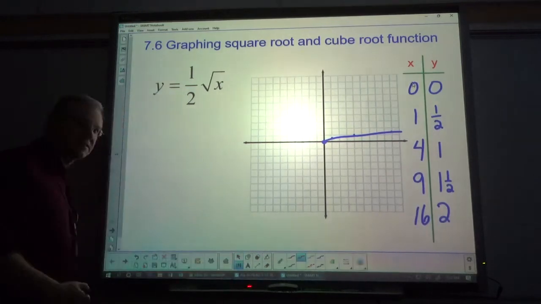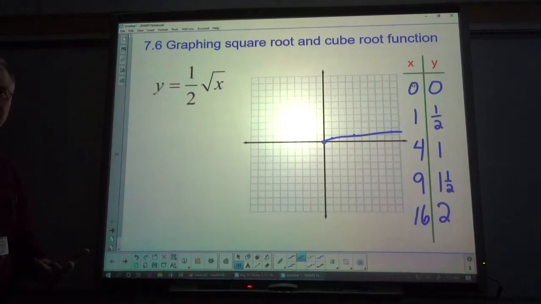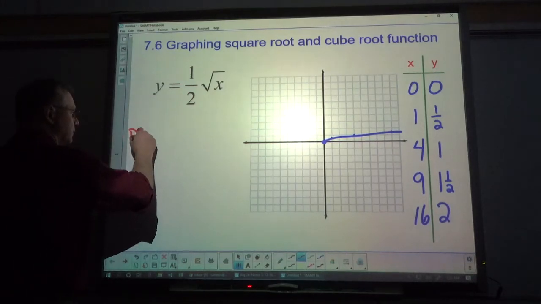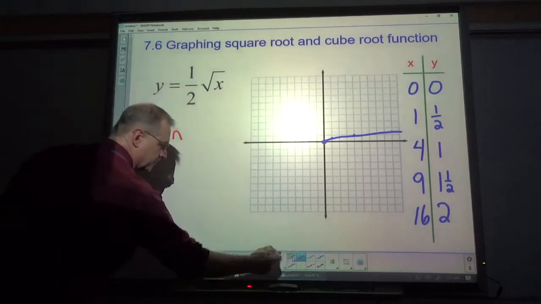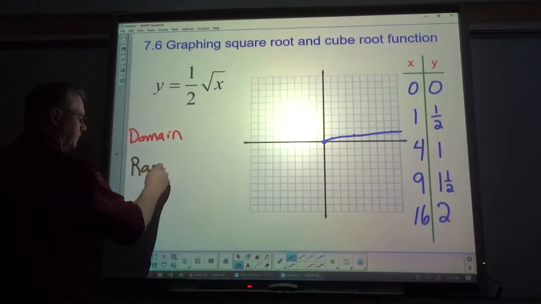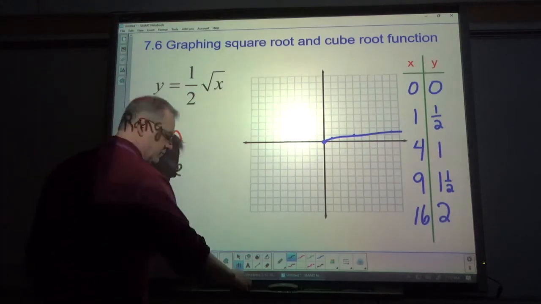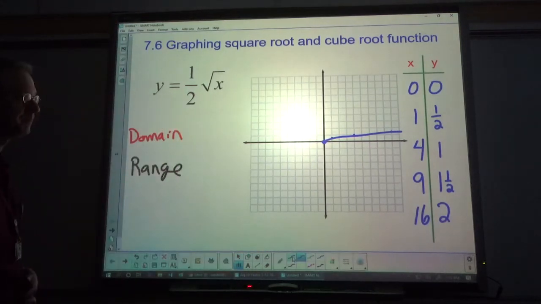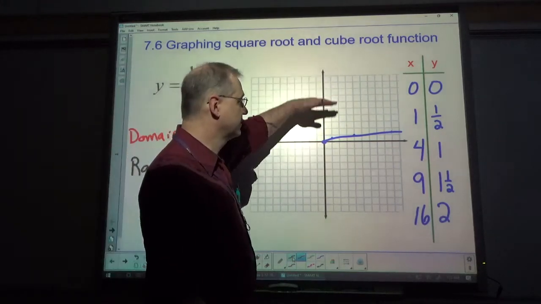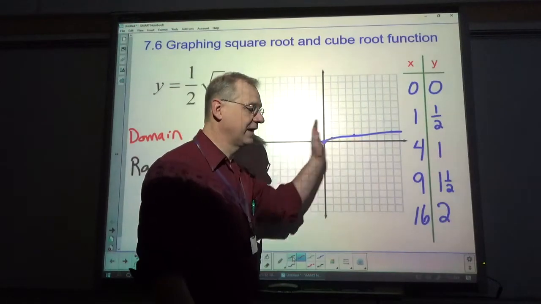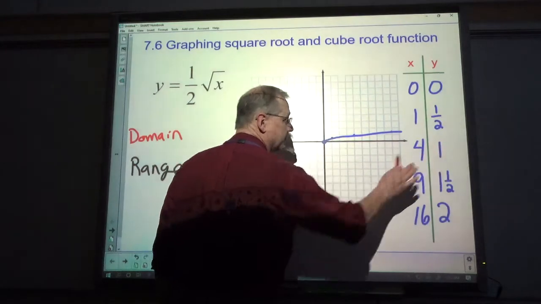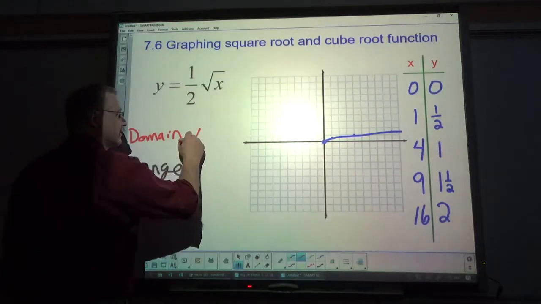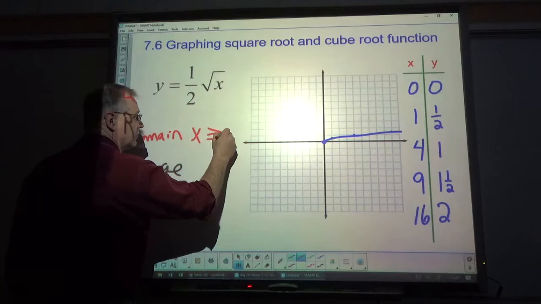Now, the next thing we're going to talk about is domain and range. Domain in this problem is, of course, the x values. And the x values, if we look at this graph, start at 0 and go up forever. So x is greater than or equal to 0.